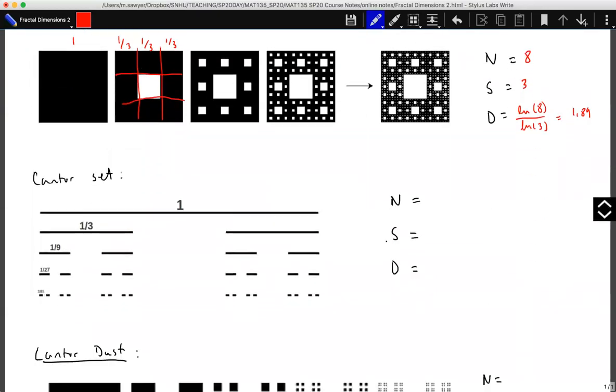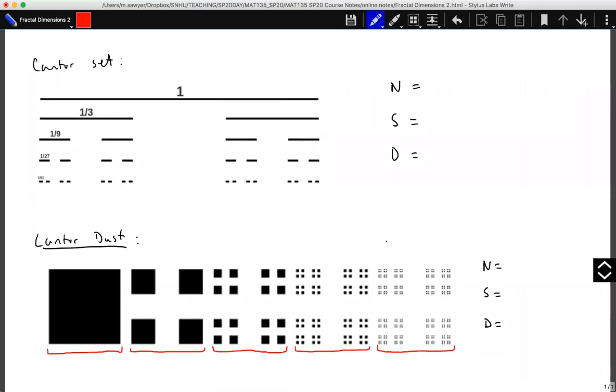So let's look at the Cantor set versus the Cantor dust. The Cantor set is built out of a line of unit length 1, where you take out the middle third of the line. And for every line after that, you remove the middle third of that line. So the number of pieces it takes to build the next segment is 2, because to go from the first iteration to the next iteration, it takes 2 copies.